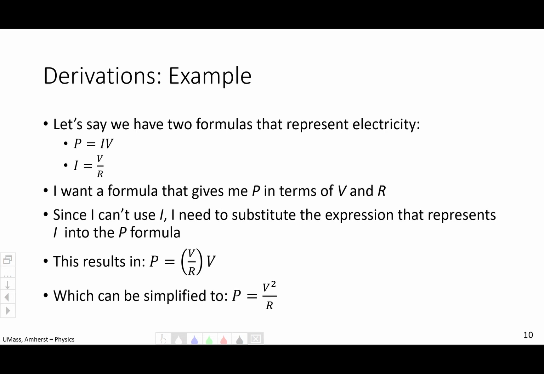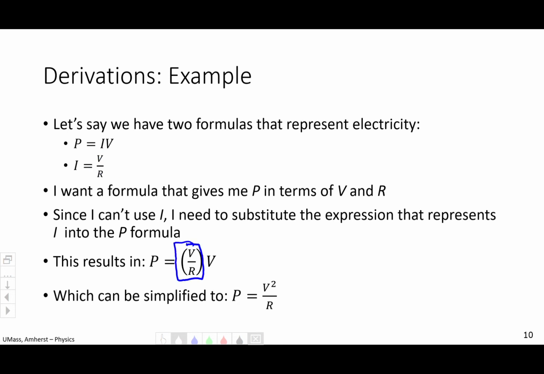So I'm going to substitute the expression that represents I, current, into the power formula. We have an I in this formula, and we also have V over R as the definition of I. So we can just put in this formula where I is supposed to go.